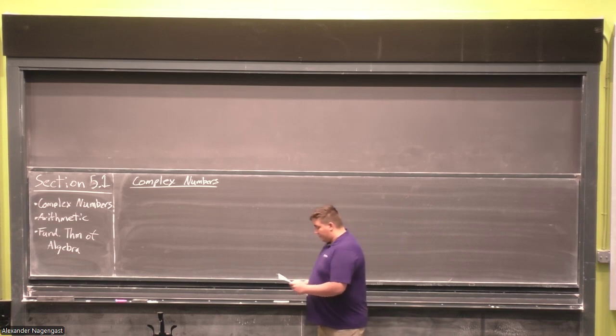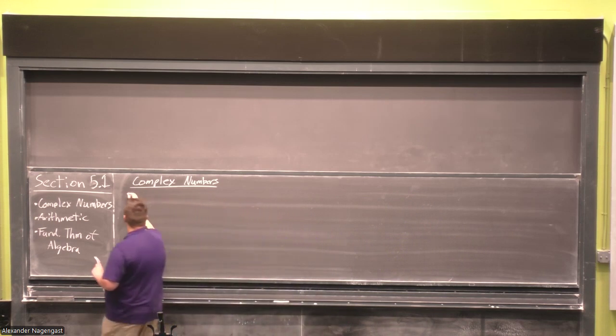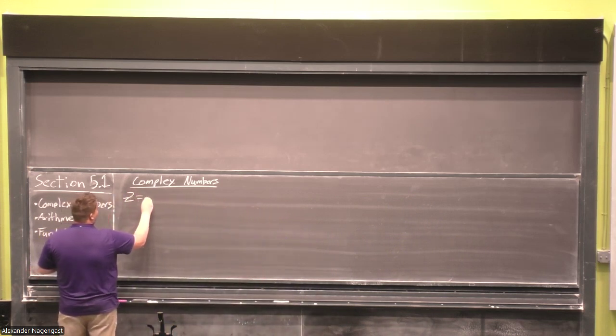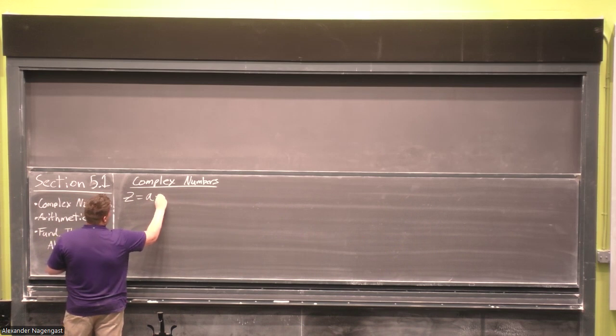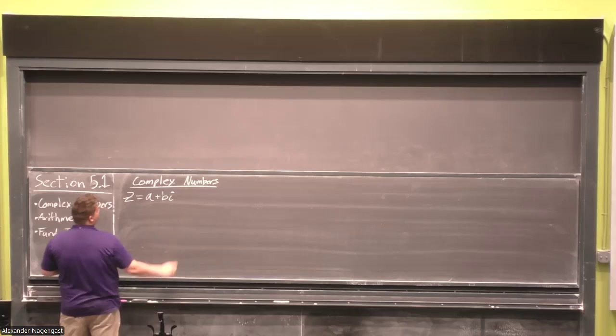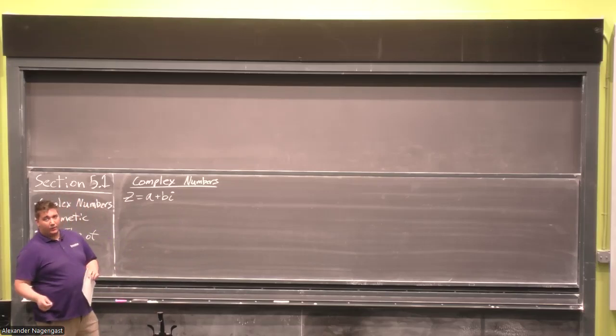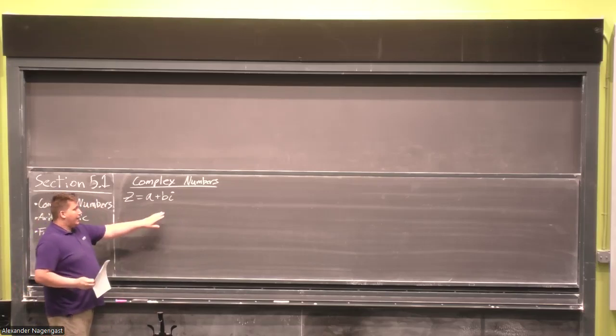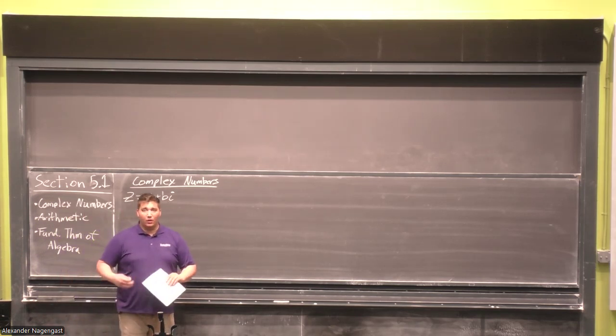Complex numbers are typically written with a z, which stands for a plus bi, where a and b are real numbers and i is the imaginary number, or complex number.